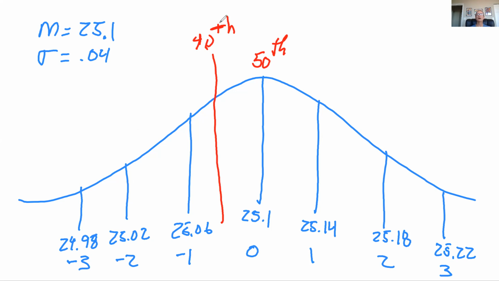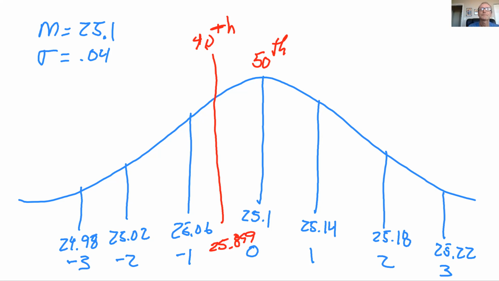And so if we go back to our whiteboard, you could see, so this point here would actually be 25.0899 right there.